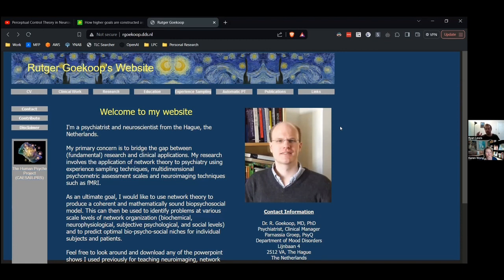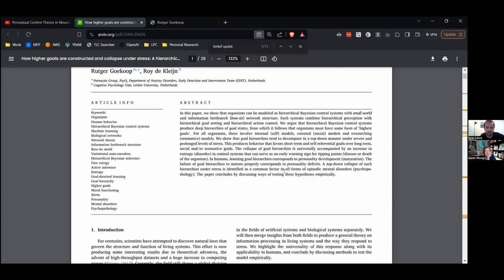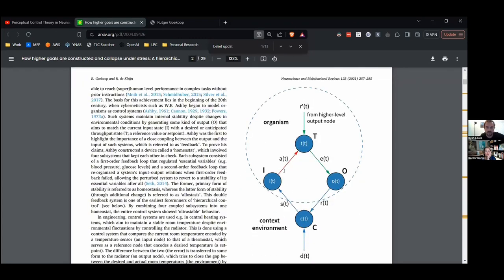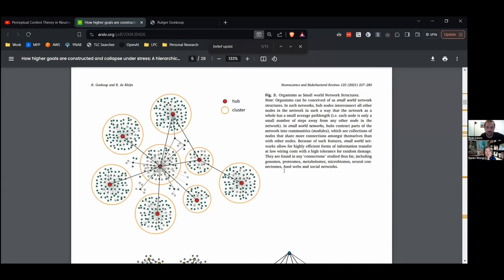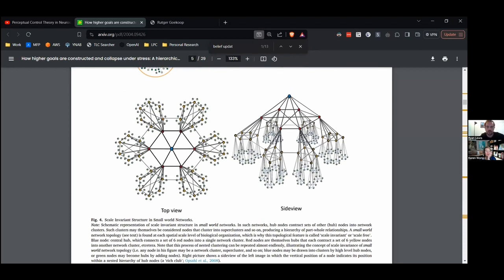He basically said he took a big data set and somehow used it to show that all psychopathologies can be explained in terms of six fundamental principles or something.